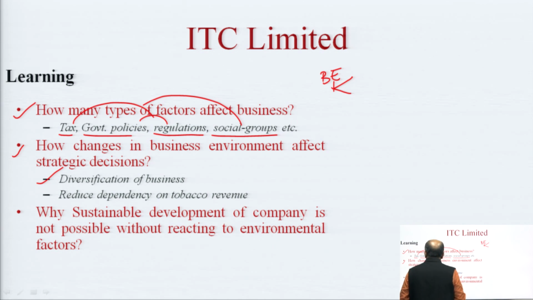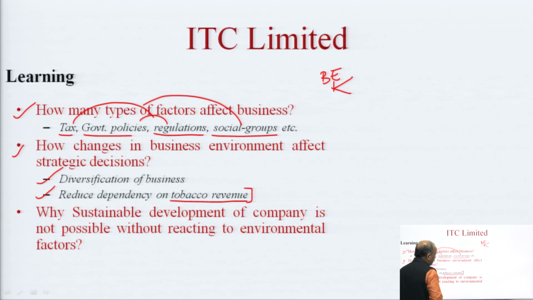Similarly, as I said, they chose to reduce the dependency on tobacco revenue, which means that they are going to leave this particular product sooner or later, because they have decided that it is not going to give benefit in the longer term. Finally, sustainable development of a company is not possible without reacting to the environmental factors.